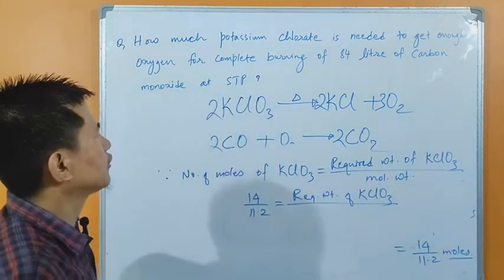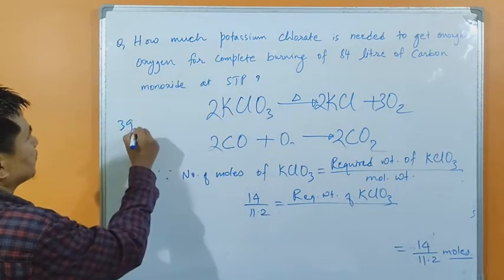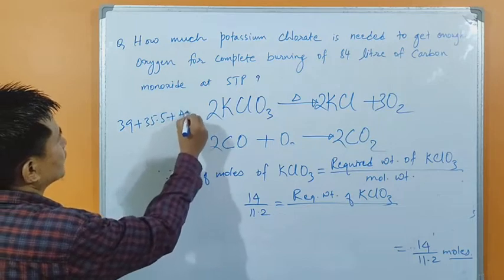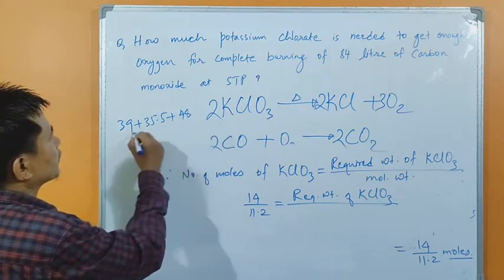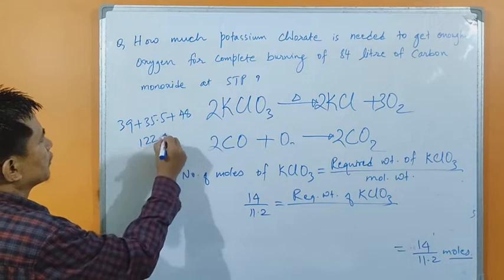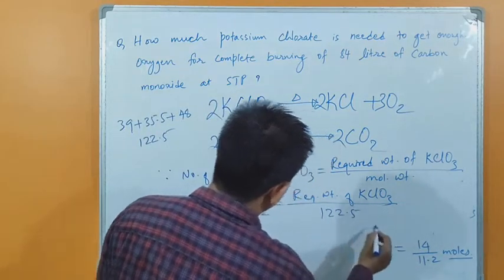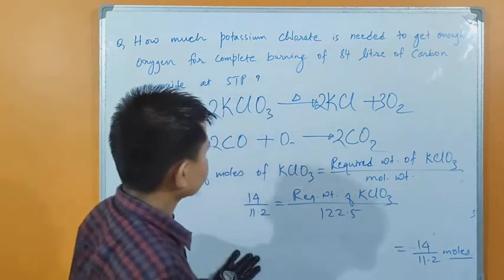You know how to find the molecular weight. 39 plus 35.5 plus oxygen is 16 times 3 is 48. So when you add all this, it becomes 122.5. We have done this before. 122.5. Now let us cross multiply this.